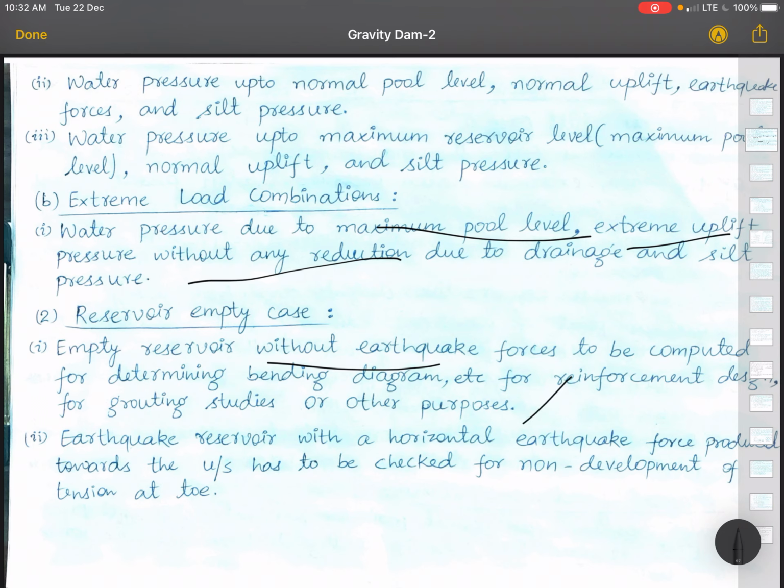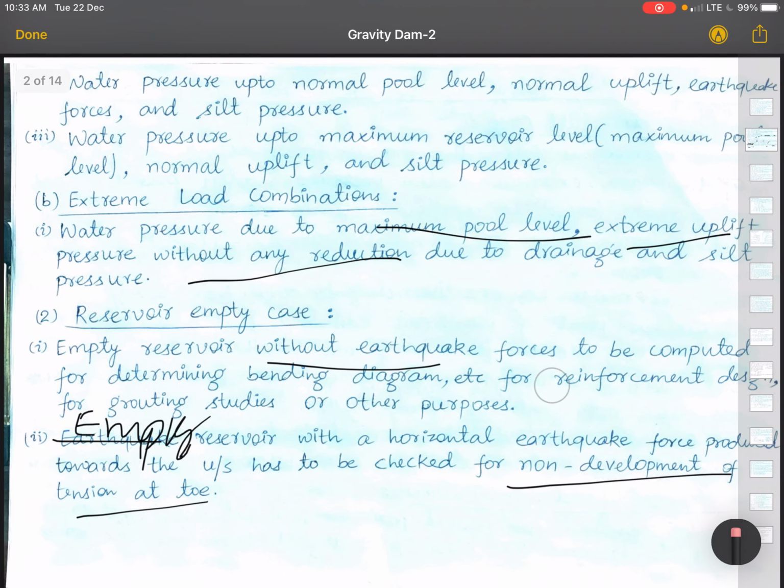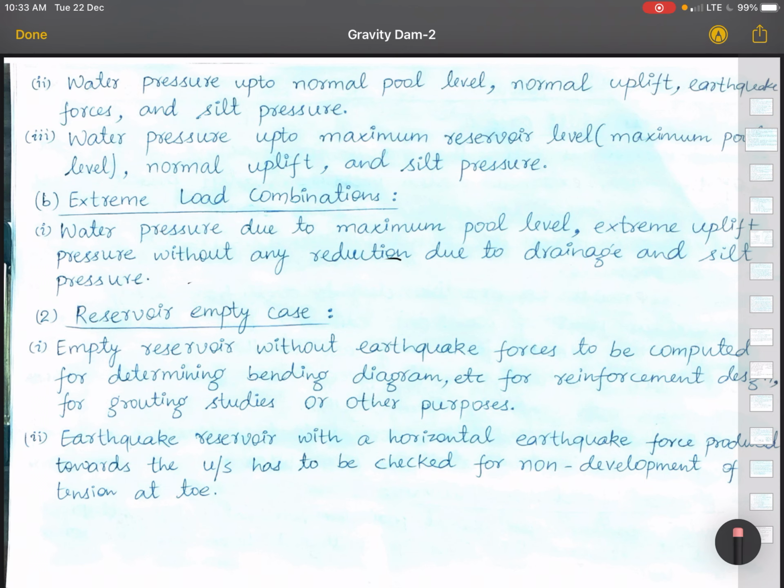An empty reservoir with a horizontal earthquake force directed towards the upstream has to be checked for non-development of tension at the toe. We have to restrict the tension. We can allow very negligible tension, but in most cases we will not allow any type of tension, so tension will be zero everywhere in the gravity dam.